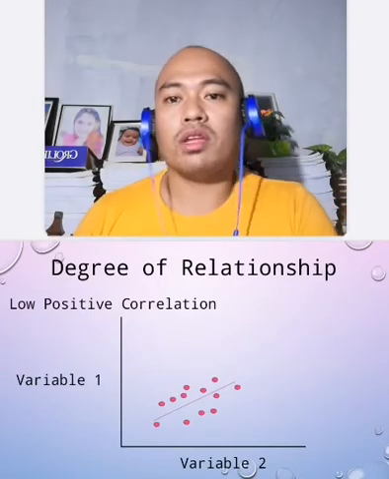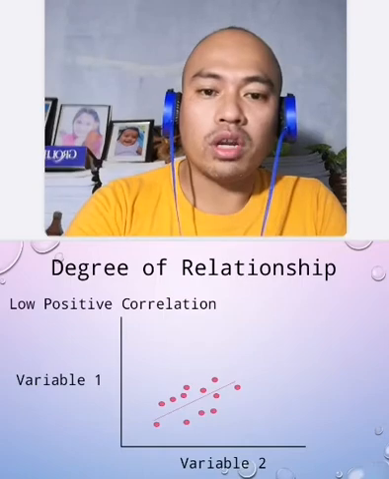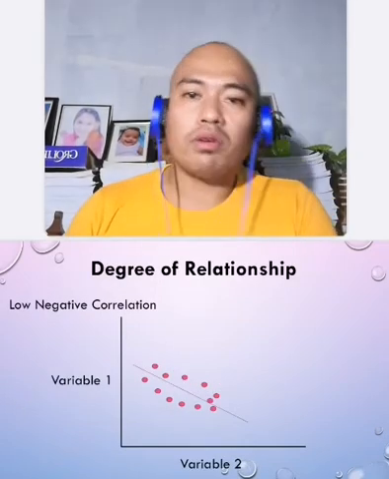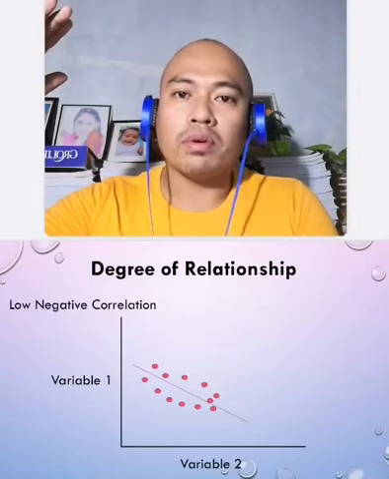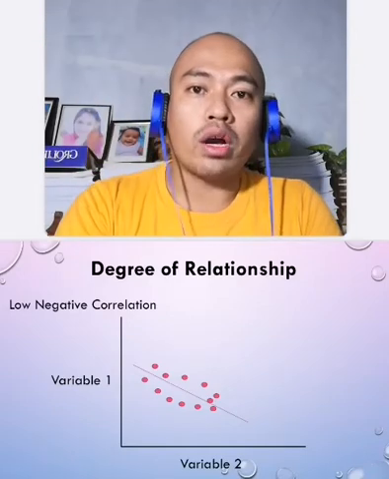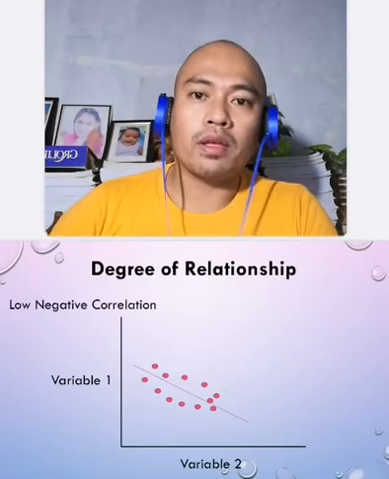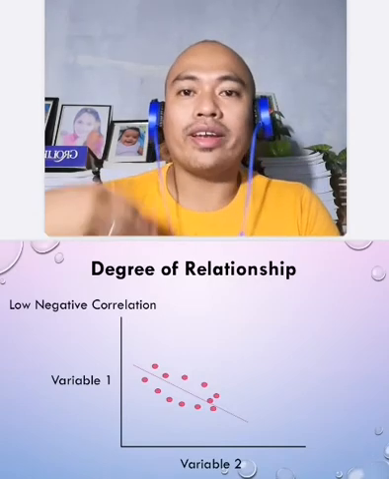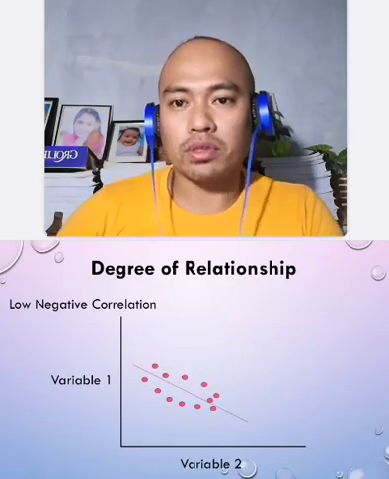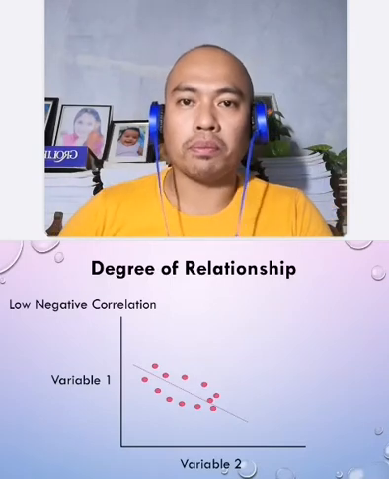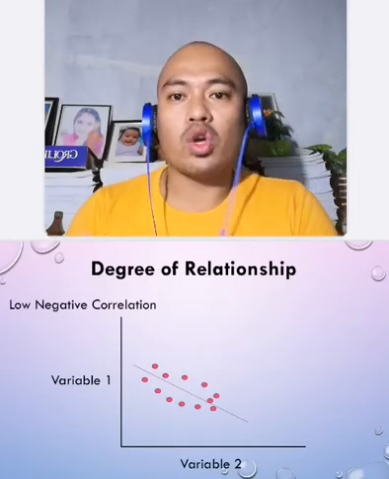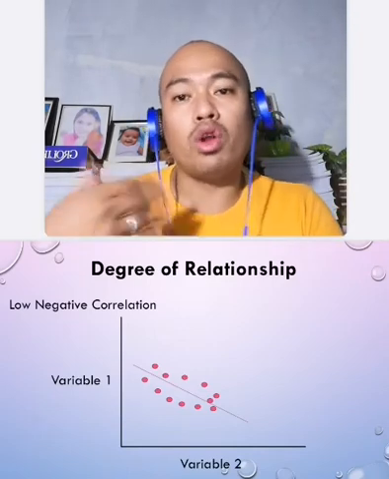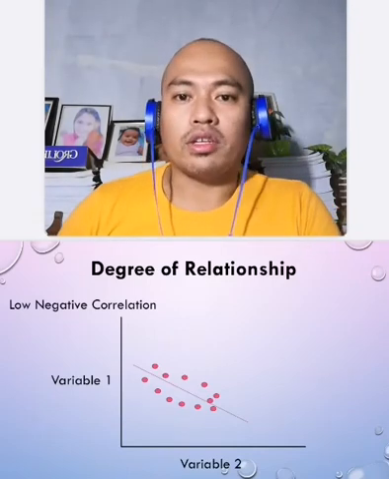However, in a negative correlation, it means that as variable 1 goes up, variable 2 goes down, or vice versa. So that is the indication of an inverse relationship or inverse correlation. This picture is what we call a low negative, the opposite of the low positive correlation.